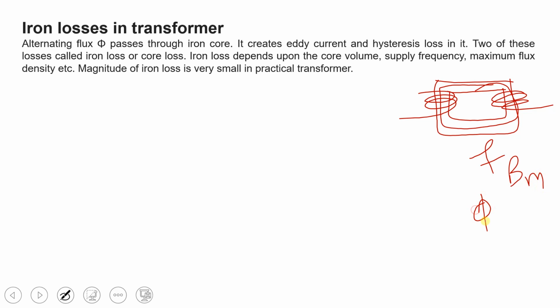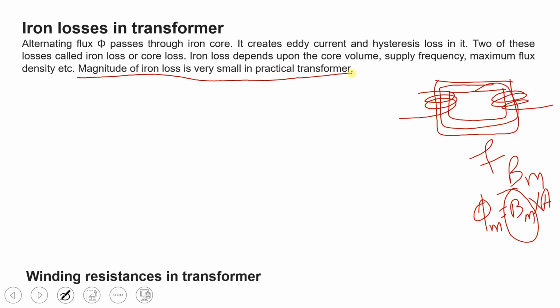As we know, phi m is equal to Bm into A, flux density into the core area. So if this is maximum, then we have the core losses. The magnitude of iron loss is very small in a practical transformer.